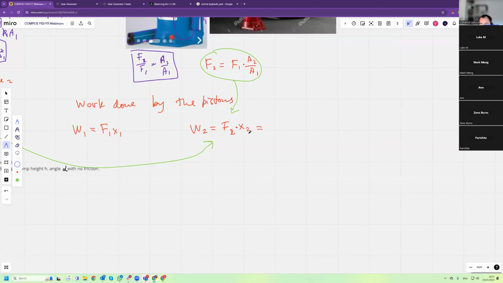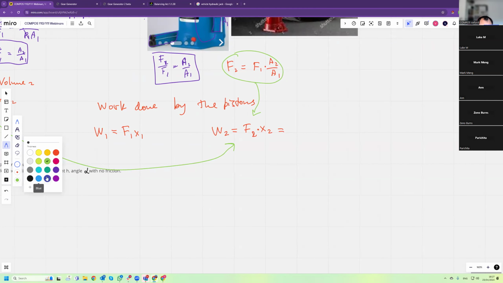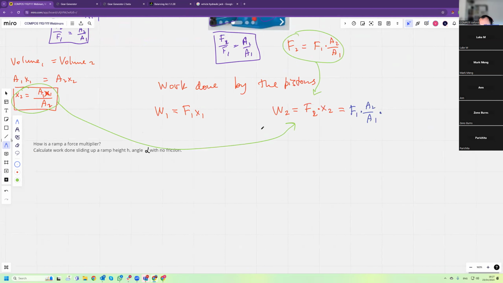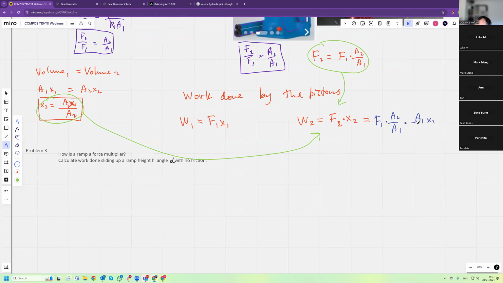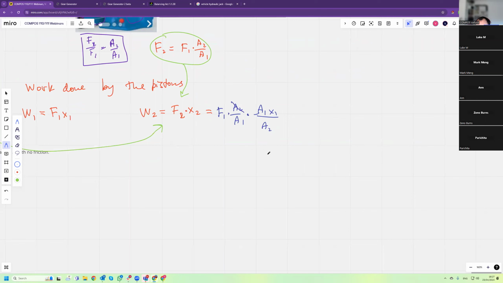The work done by the second piston is F1 multiplied by A2 over A1 multiplied by X2, and X2 is A1 X1 divided by A2. And what do you see? A1 and A2 cancel, and it's F1 X1. It's the same as the work done by the first piston.